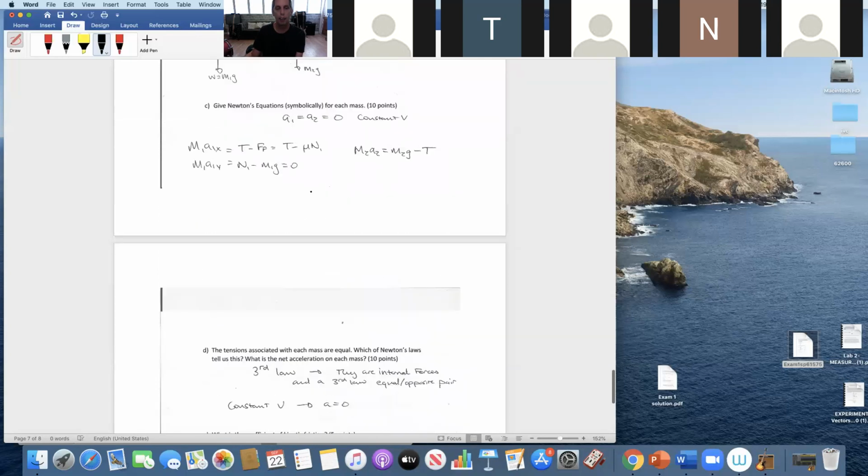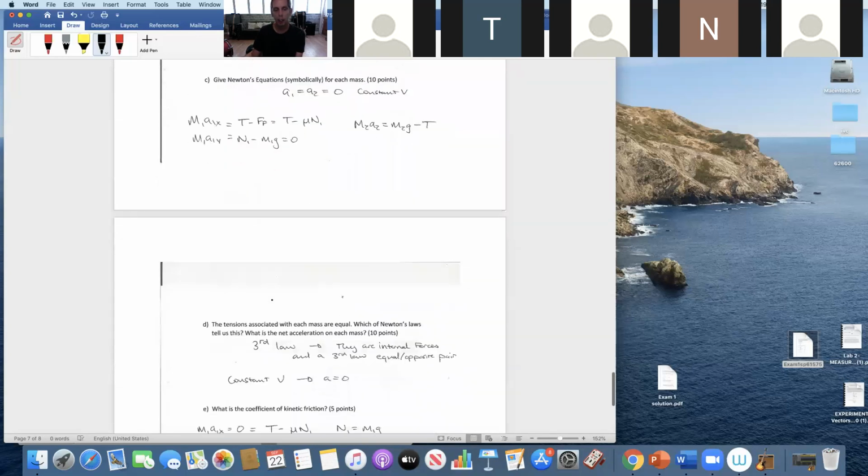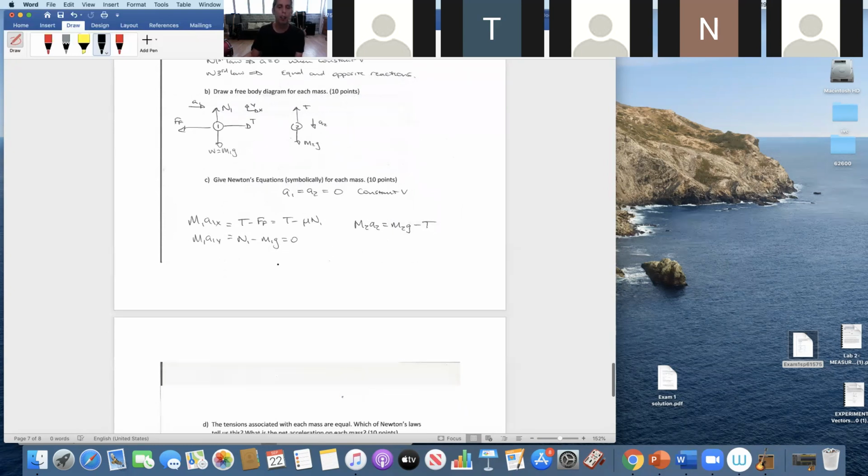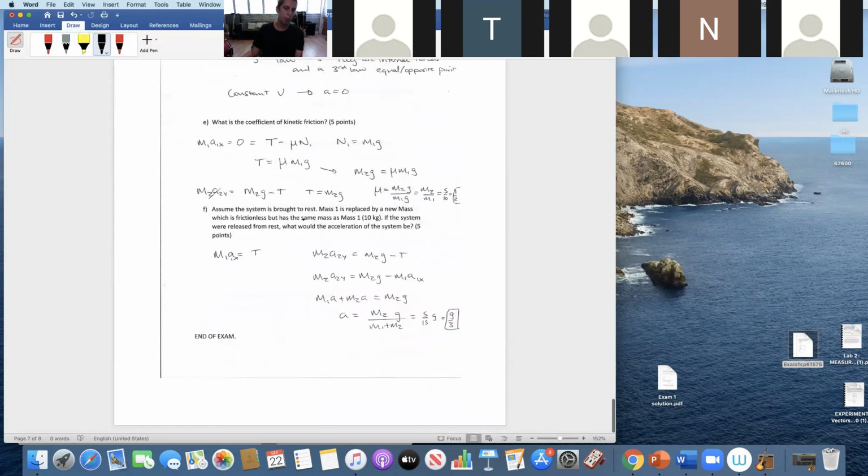And here, don't use constant velocity. You go and look here. If there were no friction, this doesn't exist. And that means M1A1X is equal to T, and T is M2G minus M2A. So you get basically M2G over M1 plus M2, which is what is here.